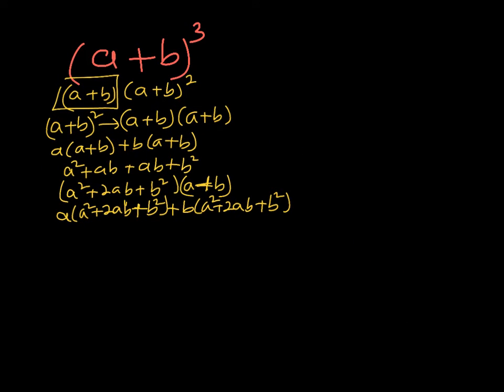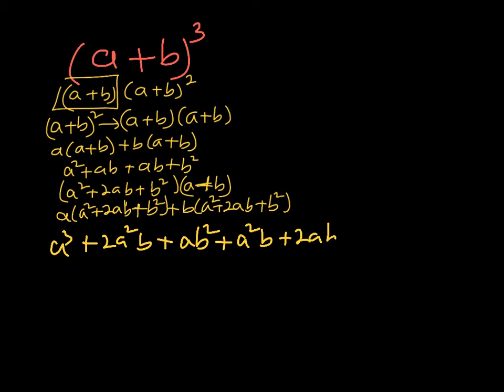Okay, so a times a², that gives us a³, a times 2ab is 2a²b, a times b² is ab², a times a² ... plus b times 2ab is 2ab², and then b times b² gives us b³.